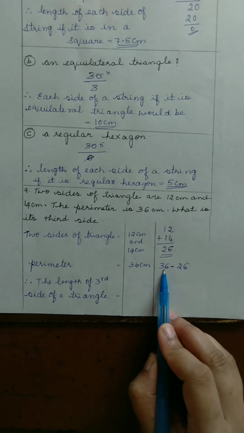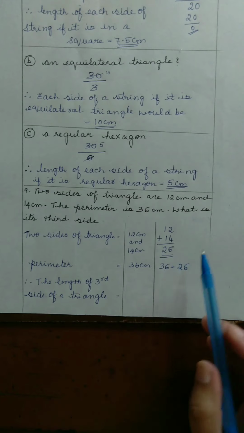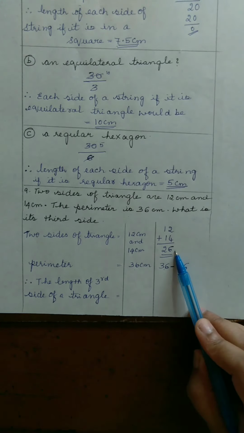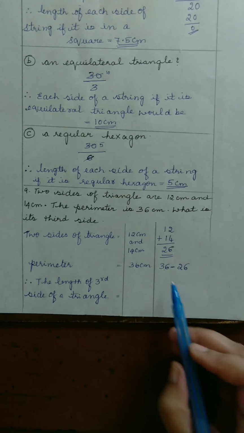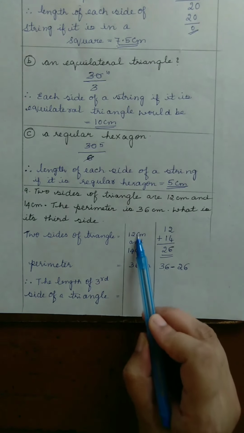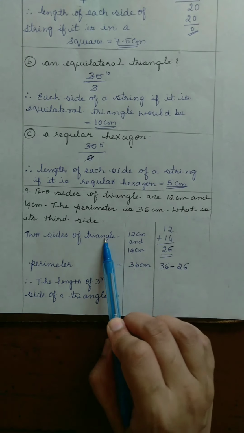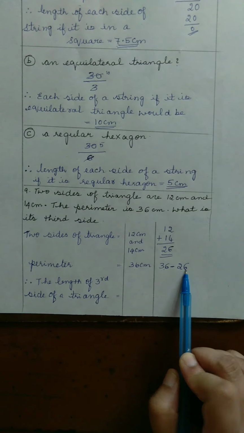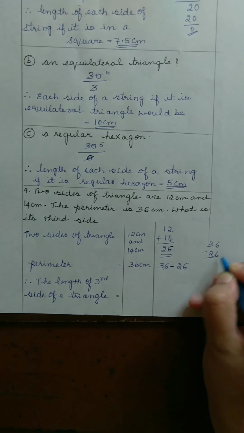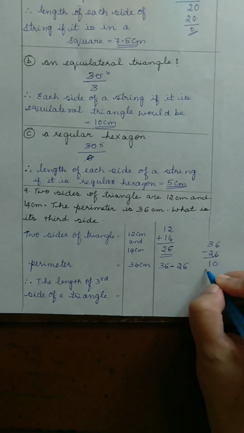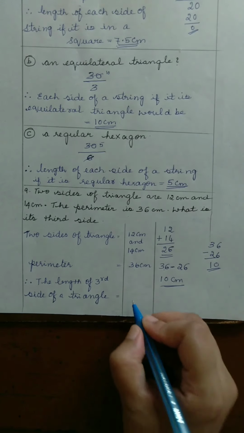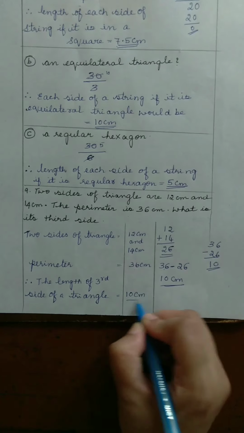From the perimeter value, we will subtract the total measurement of the two sides of a triangle, which is equal to 26. Therefore 36 minus 26: 6 minus 6, 0. 3 minus 2, it is 1. Therefore, the third side of the triangle will be equal to 10 centimeter.